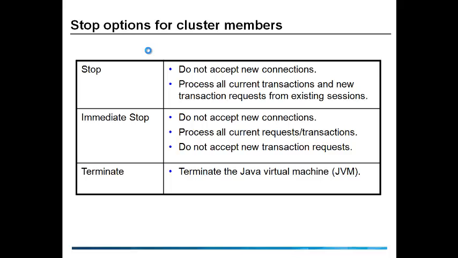What does stop do? Stop does not accept new connections, but processes all current transactions and new transaction requests from existing sessions. Immediate stop does not accept new connections, processes all current requests or transactions, and does not accept new transaction requests. Terminate terminates the JVM.